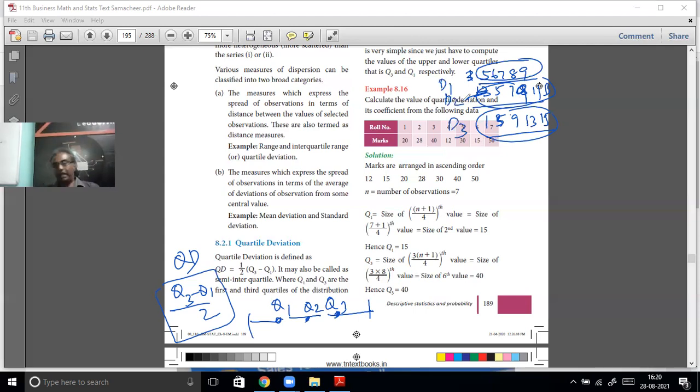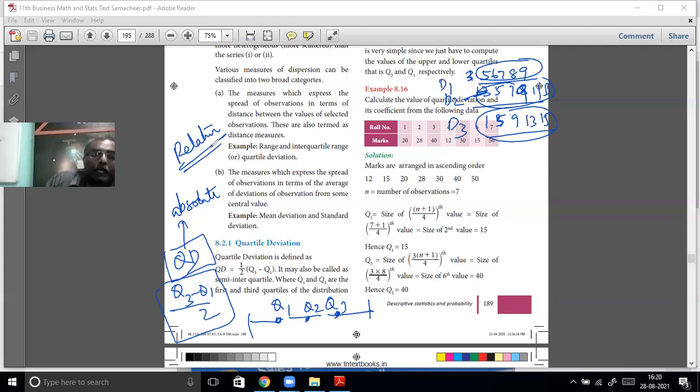When you want to compare, you cannot use the absolute value, QD. Quartile deviation is only an absolute value. You need a relative value. From each data set you get one relative value, and that is called the coefficient of quartile deviation. The formula is very simple.